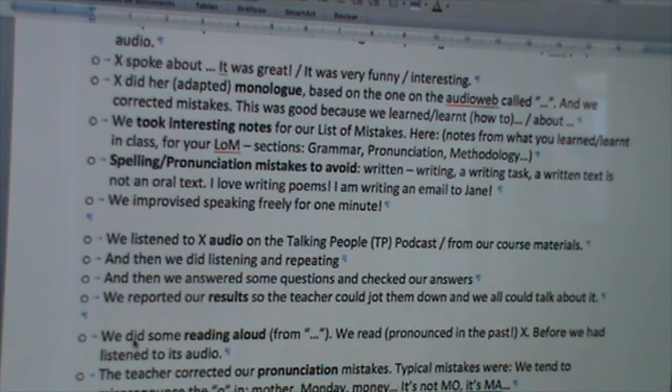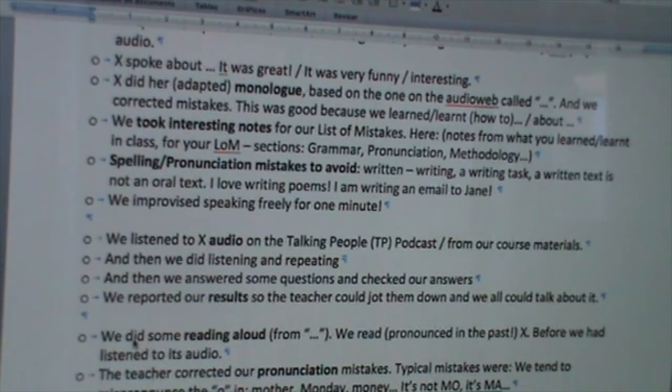We listened to the number 1 audio on the Talking People podcast, or we listened to the audio talking about the winter holidays on the Talking People podcast, or we listened to the audio with a conversation in a hotel from our course materials. Do you see what I mean? You need to adjust this. These are just ideas, okay?